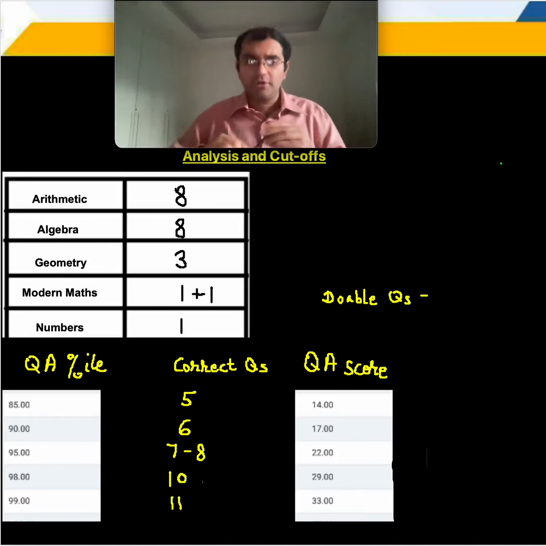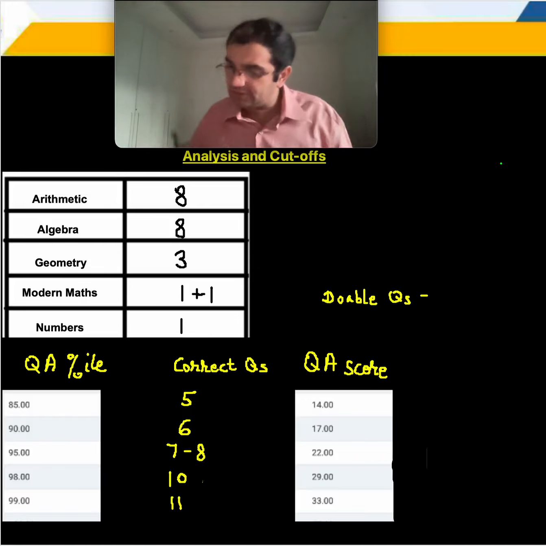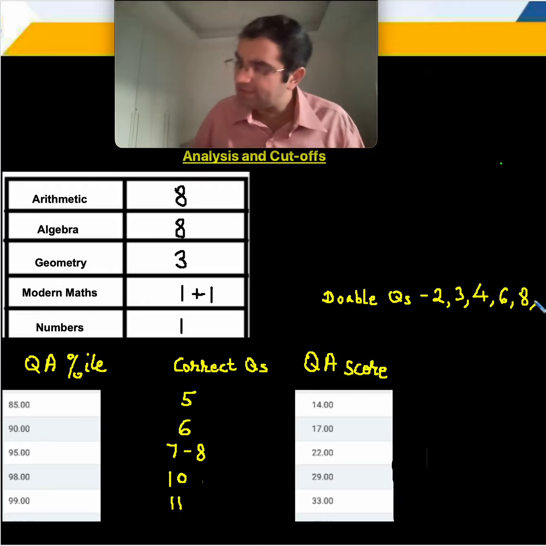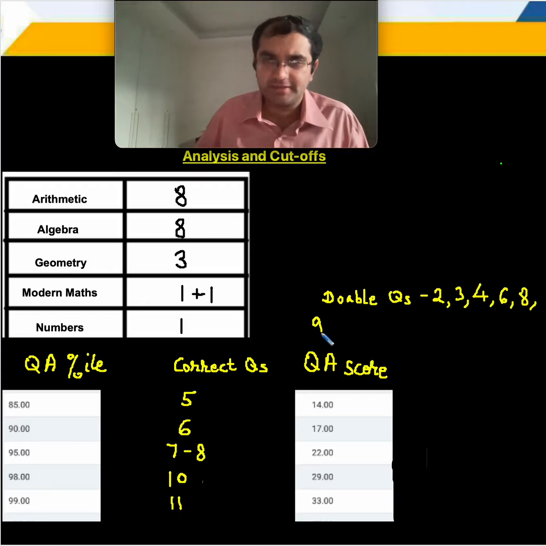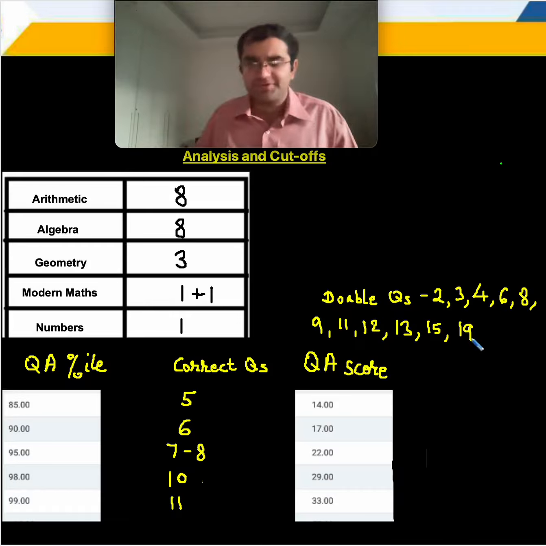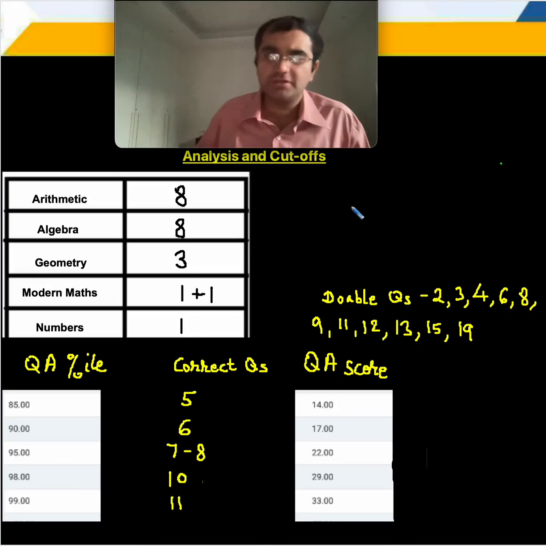So all in all, I have been able to note down 2, 3, 4, 6, 8, 9, 11, 12, 13, 15, 19 as the very doable questions. Most of this is arithmetic. ठीक है, जो ये लिखे हैं मैंने यहाँ पे 5 और 6. 11 questions according to me were very easy.